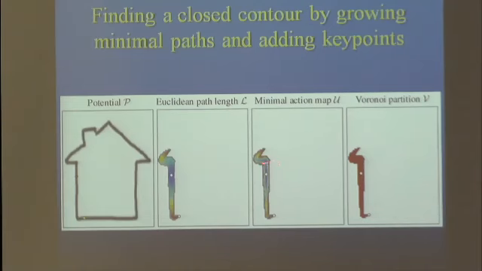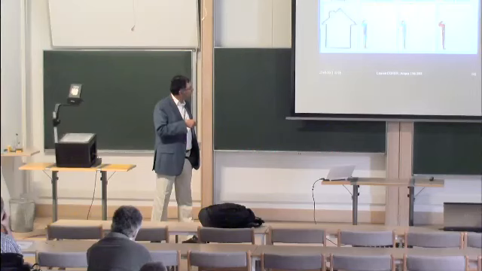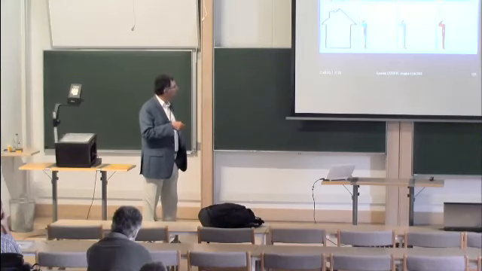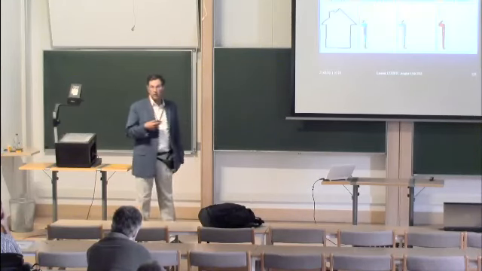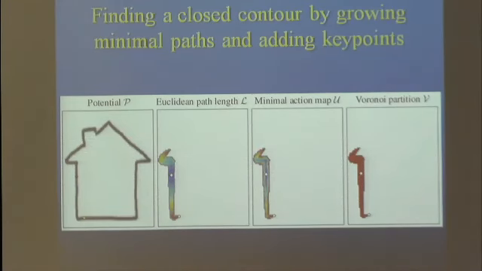Which means that what we say is that the larger this distance is, the more likely it will be on the structure we look for. Which means that here along the front, all points here have the same energy, and along the front you see that you have short paths, long paths. So what we say is that the first point on the front that reaches a given length will be considered as an auxiliary point, which means a good candidate to be an endpoint, to be on the contours we're looking for.